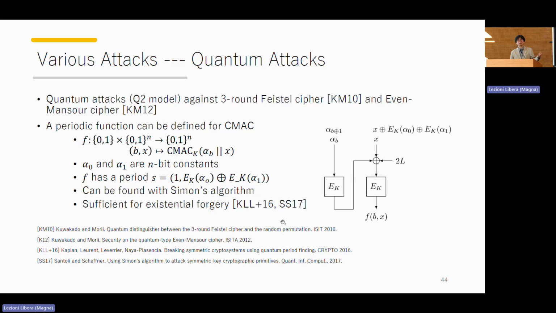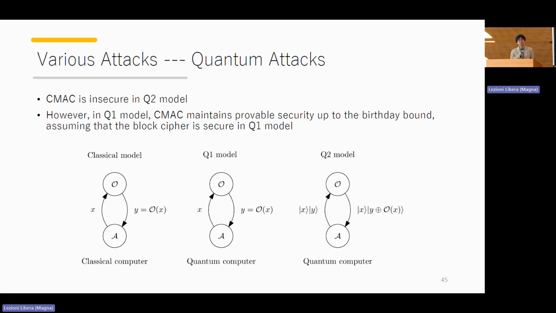This came to me as a surprise. So CMAC is insecure in Q2 model. So if the adversary can make quantum queries, CMAC is not secure. But in Q1 model, CMAC maintains provable security up to the birthday bound, assuming that the block cipher is secure in Q1 model.